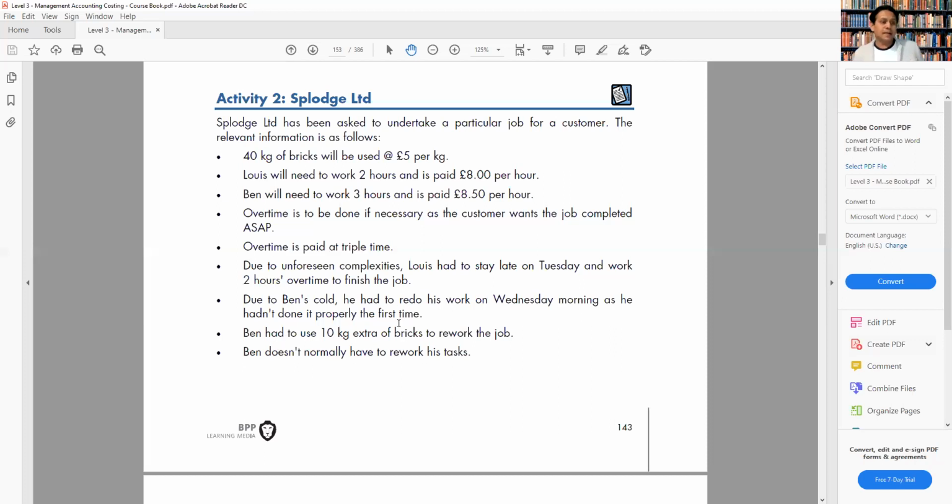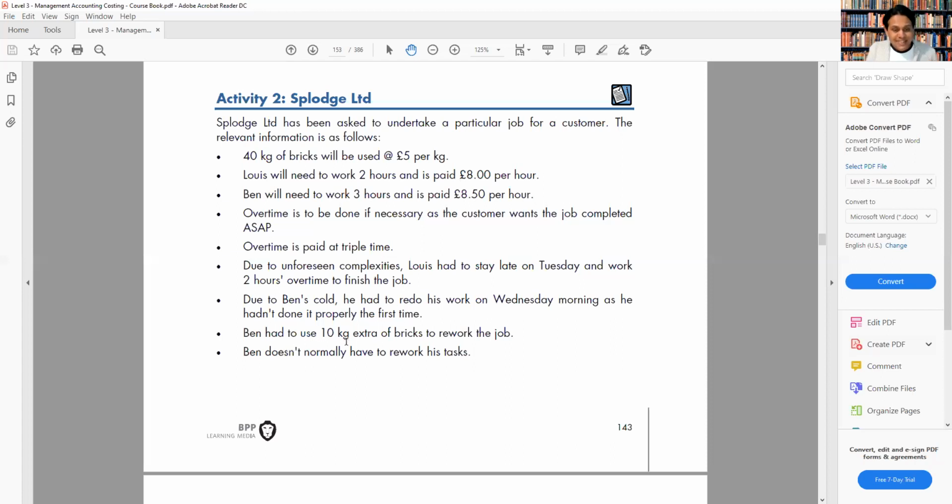So Ben was sick and couldn't do it, and he did the same work again. Remember, if the person does the same work again, he will get paid for the basic, not for the overtime. It's not overtime because you made some mistake, you couldn't finish the work, and you come back to do the same work again. Overtime is something you cannot finish within the time, so you do something extra after that. But if you redo the work, that's not overtime.